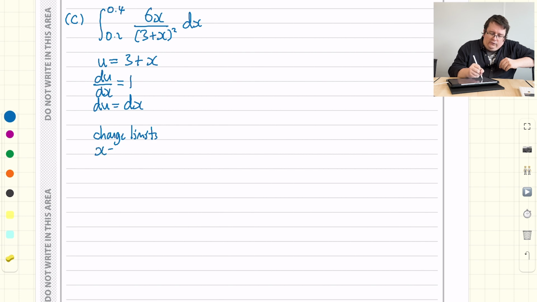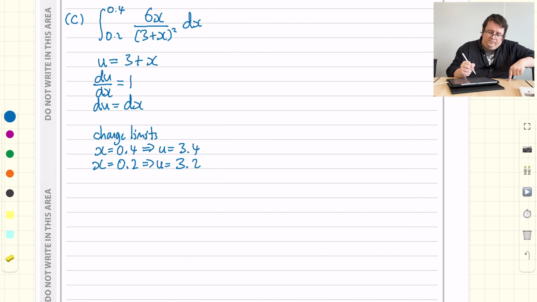So when x is 0.4, you substitute it back into the substitution. So 3 plus 0.4, 3.4. And when x is 0.2, u will be 3 plus 0.2, so 3.2. Okay, so I've got replacement for everything apart from that 6x now.